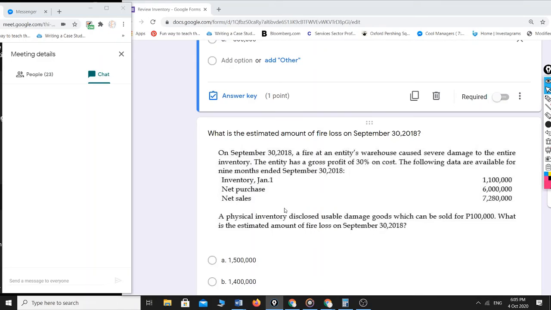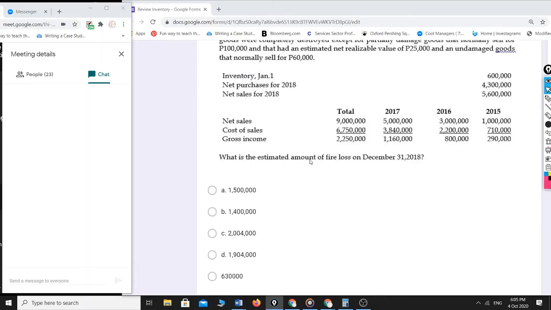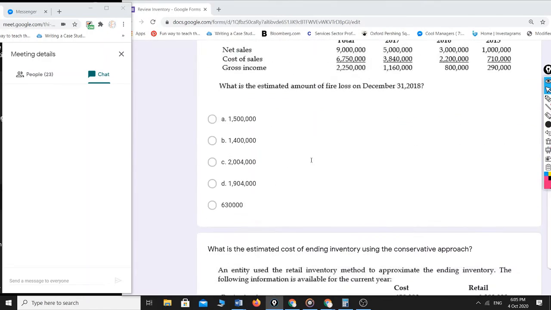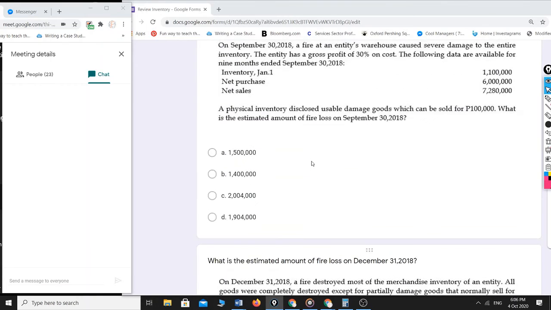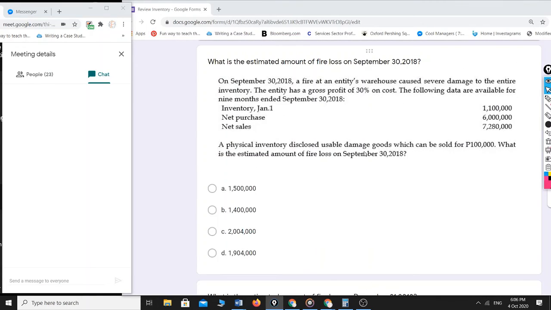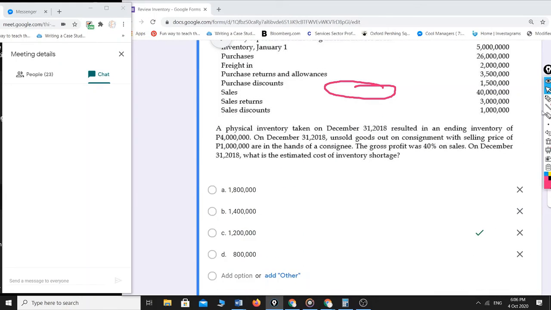So, same concept from before. Estimated amount of fire loss. So, fire loss, okay. The difference here, guys, is that what is given is gross profit based on cost. Earlier, what was given is gross profit based on sales.